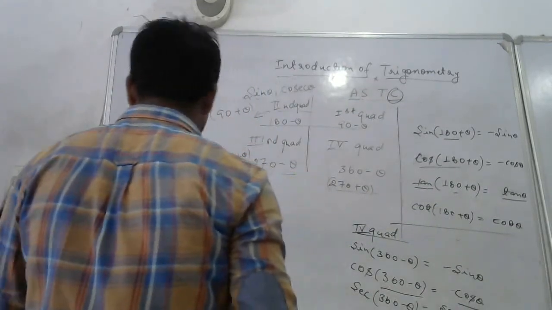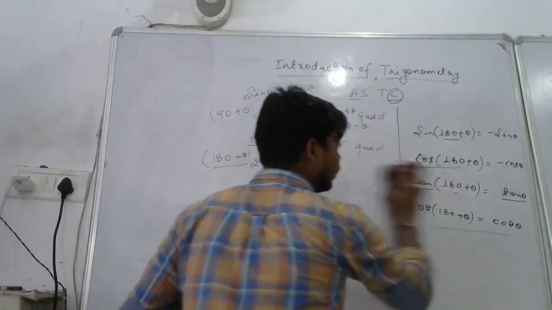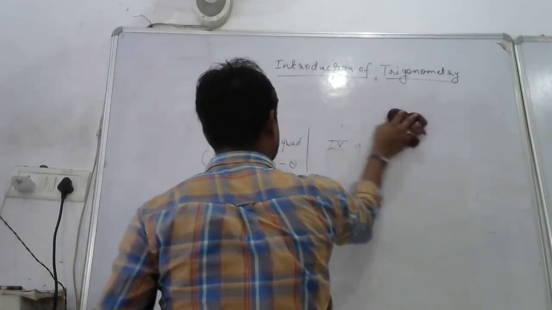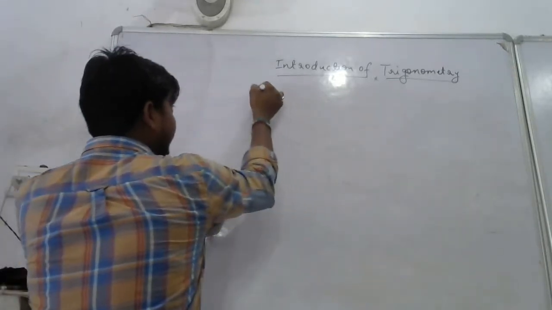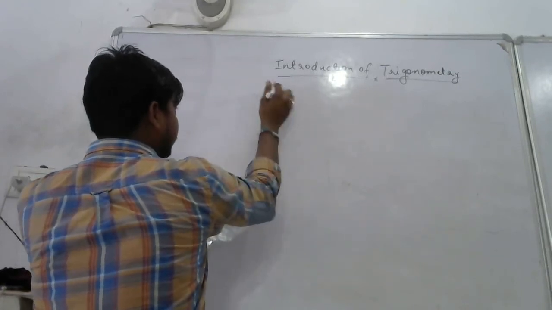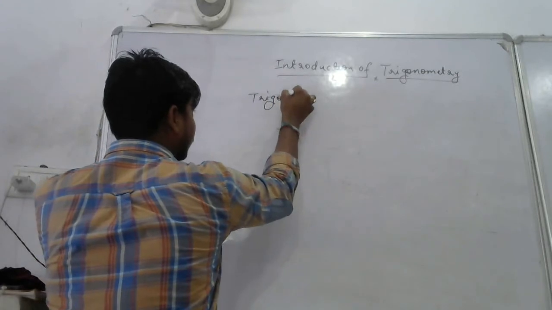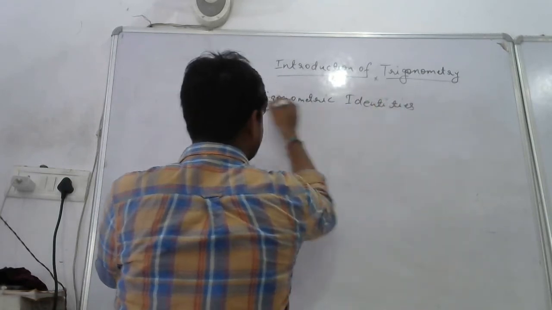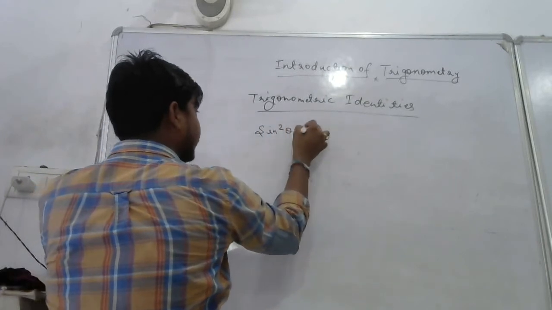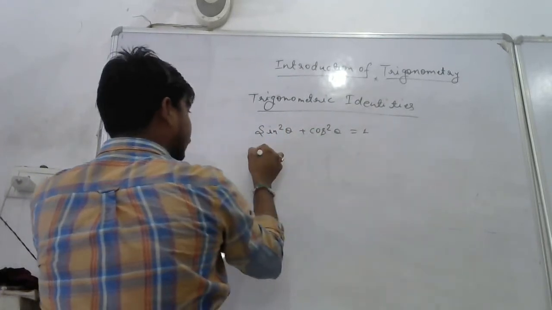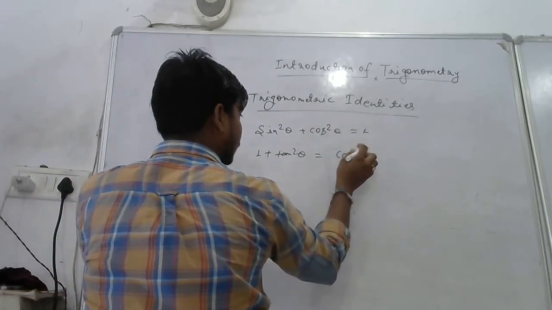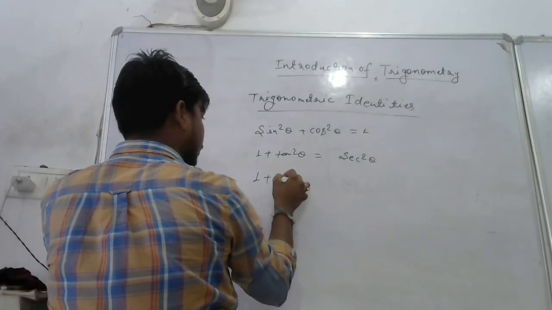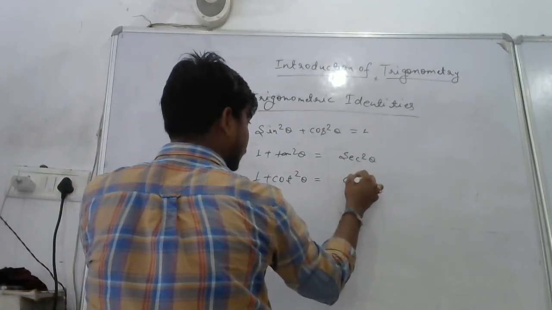Okay. Now we are going to discuss the trigonometric identities. There are three important trigonometric identities which play a key role for class 10 and class 12 exam purposes: sin square theta plus cos square theta equals 1, 1 plus tan square theta equals sec square theta, and 1 plus cot square theta equals cosec square theta.